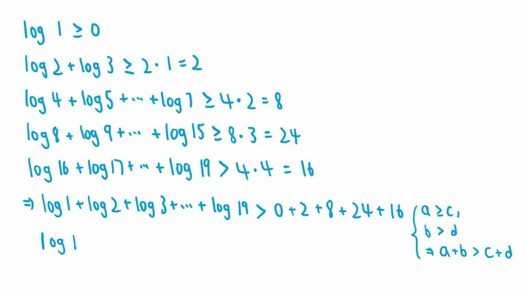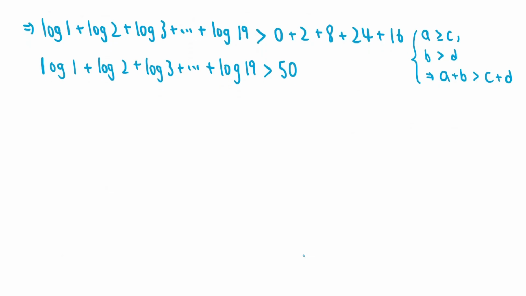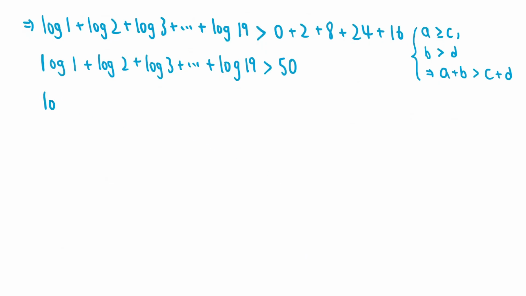So log of 1 plus log of 2 plus log of 3 until plus log of 19 is strictly greater than 50. If we combine the logarithms, then log of 1 times 2 times 3 and so on until times 19 is strictly greater than 50.